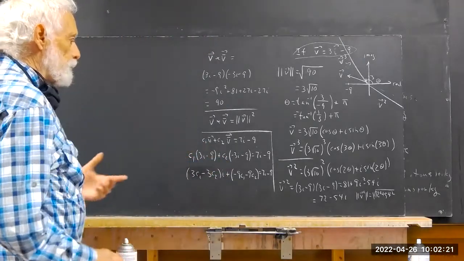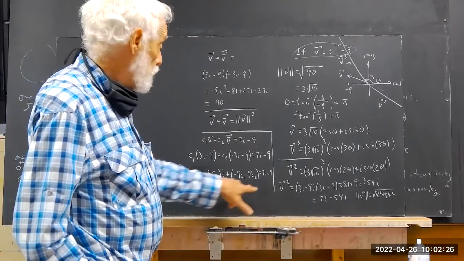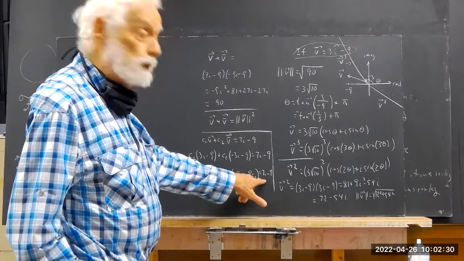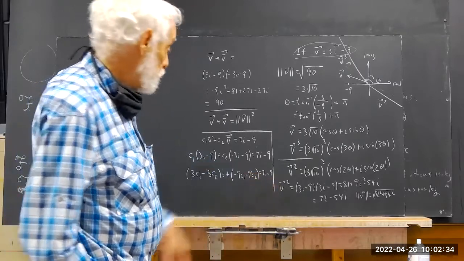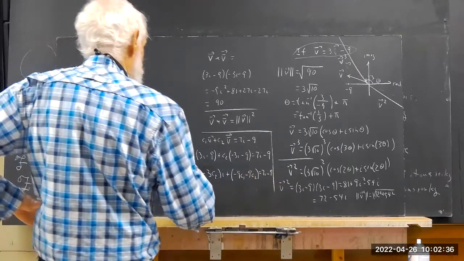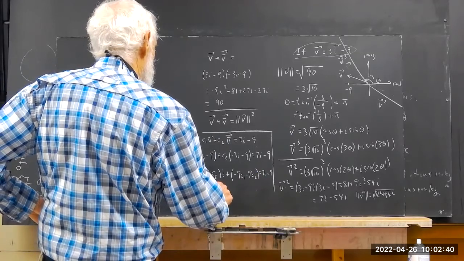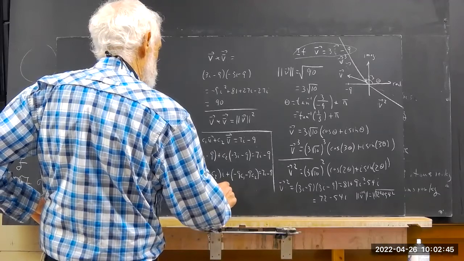The only difference is that I'm grouping my coefficients of I and my real coefficients, so I can set the coefficients of I here equal to 7, and the real coefficients equal to negative 9. So we get the simultaneous equations. 3C1 minus 3C2 equals 7.